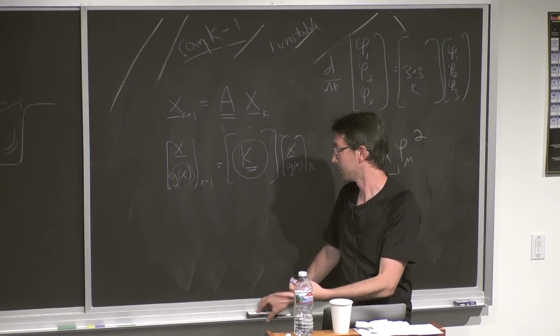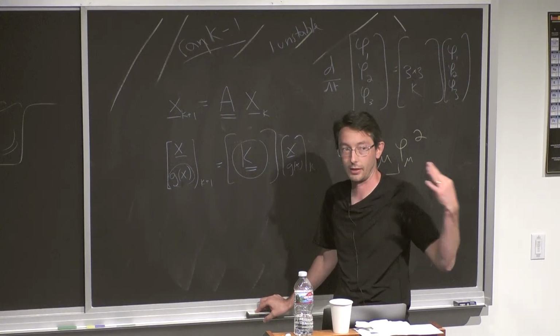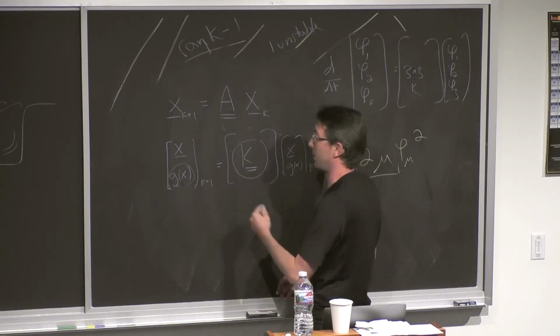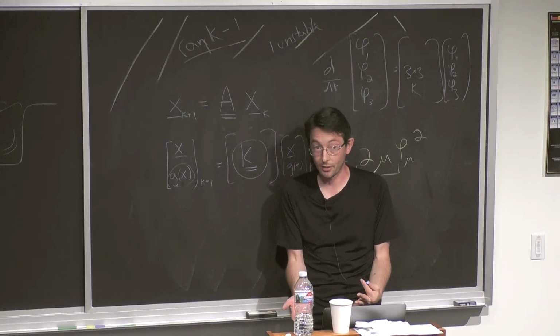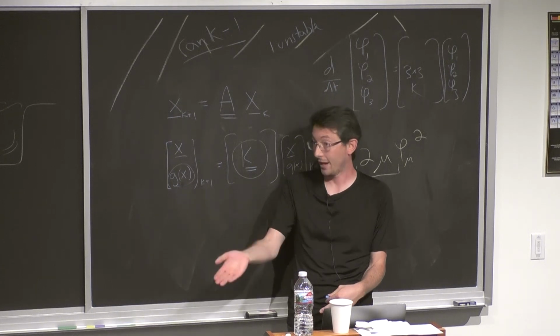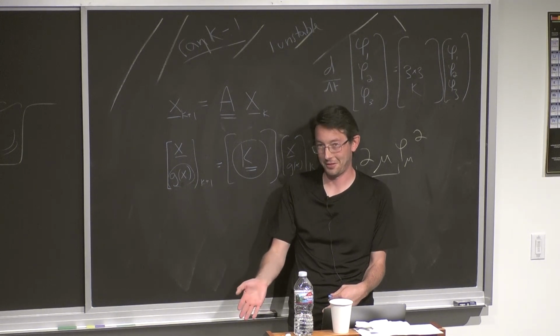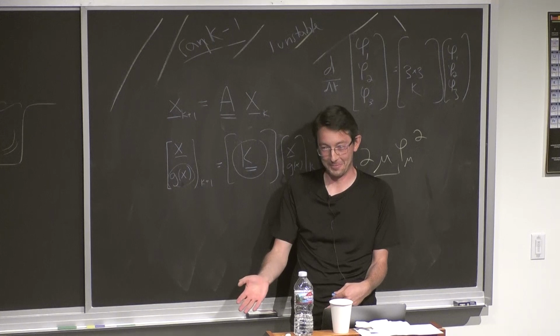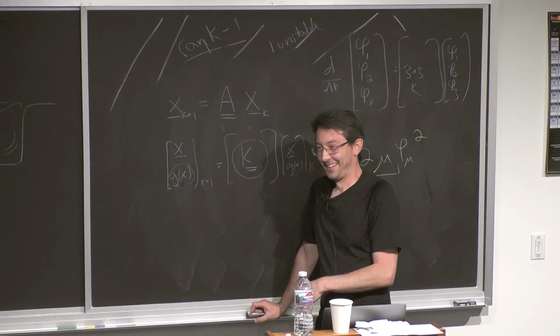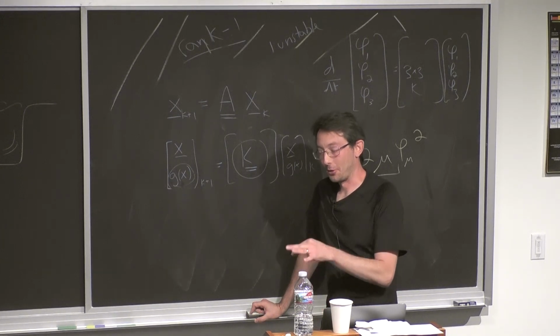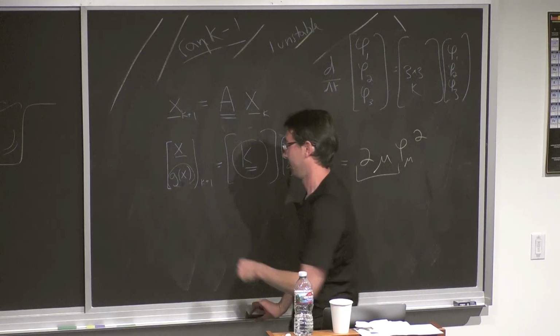Frank Noé and others in his group, and Clancy Rowley, and many people have done this. It can be called extended dynamic mode decomposition, or the VAC, the variational approach to conformational dynamics, VAC.